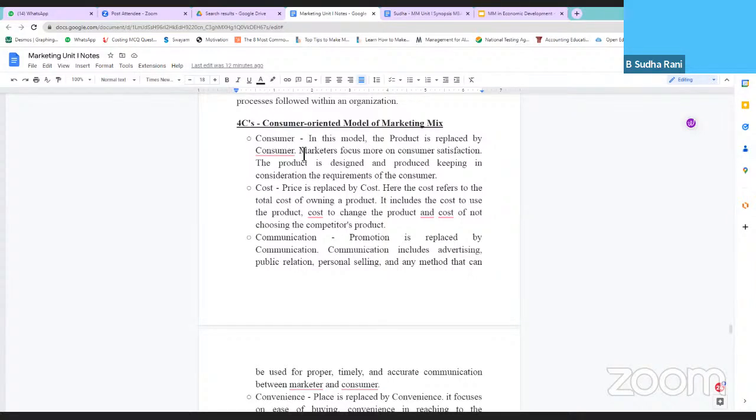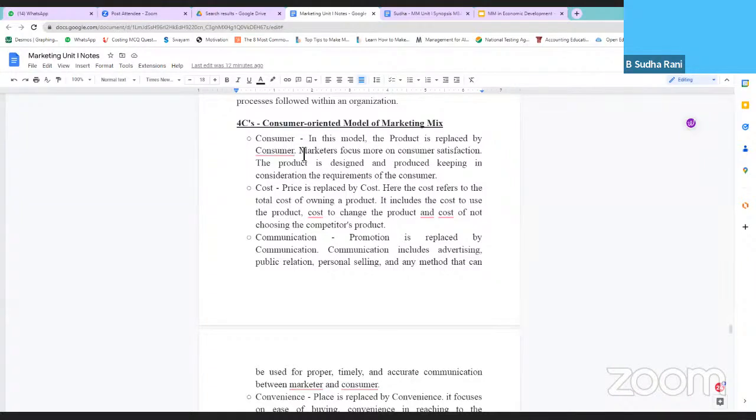They develop a product in such a way that it fulfills the requirements of the consumer. So the product is designed and produced keeping the consumer in consideration. That is what you're getting now, customized products, customized services, right? Priority is given to providing products as per the requirements of the consumer.